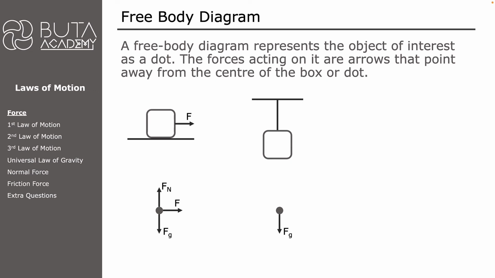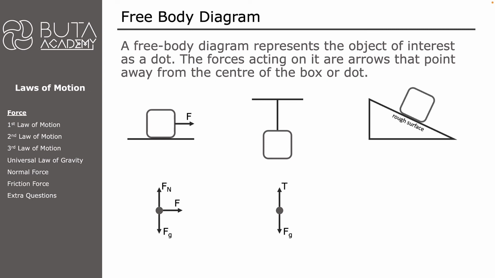As we mentioned before, the force on a string or rope is called tension force. The rope tries to lift the object and prevents it from falling down. So, the direction of tension force in this case is upwards. There is no normal force in this question, as the object is not touching any surface.